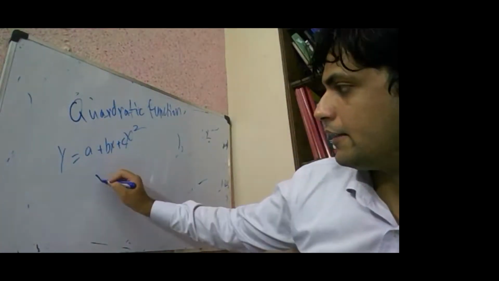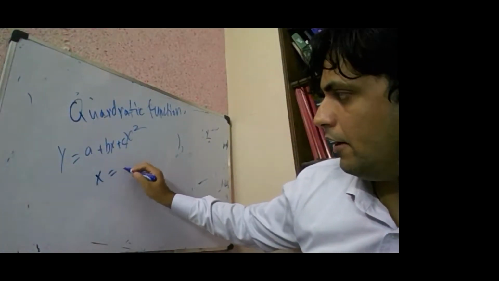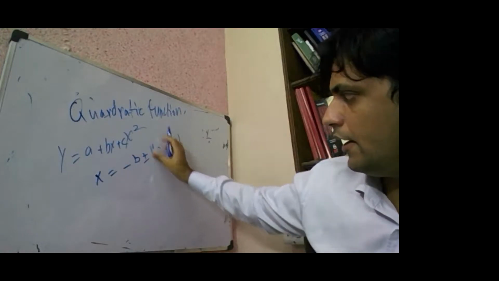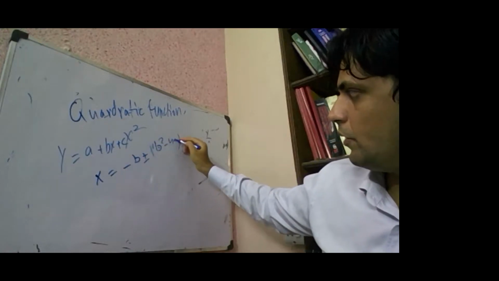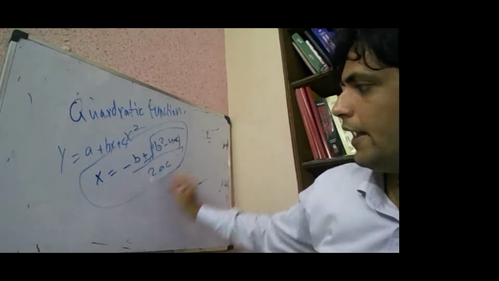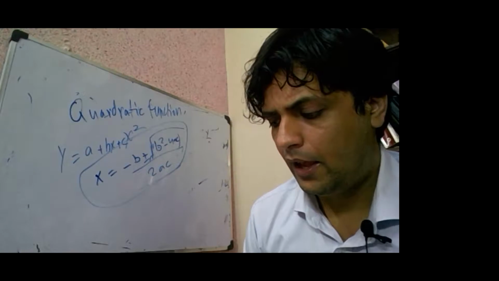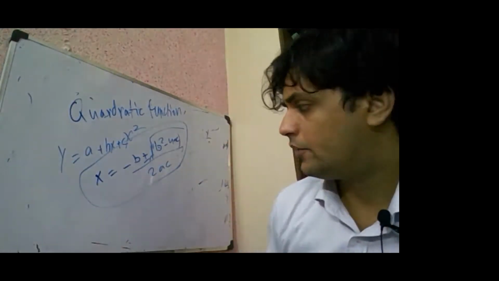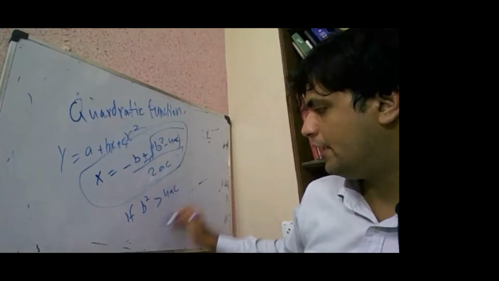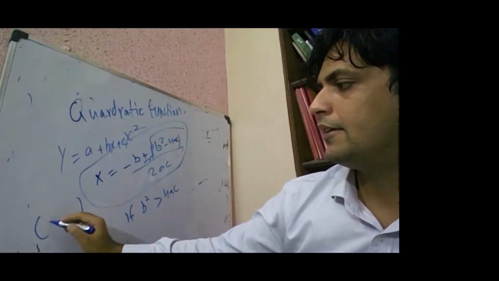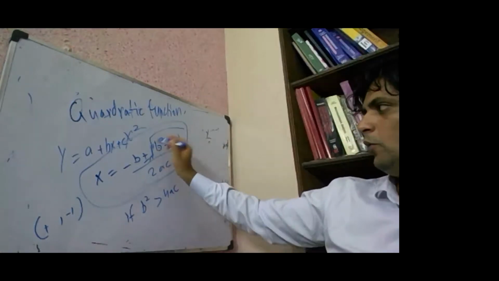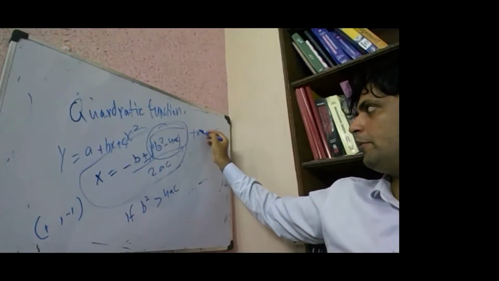Here we can get x in the form of minus b plus minus the square root of b square minus 4ac. So that's how we find x or the intercept here. There's a proof already. But remember, if b square is greater than 4ac, then we can have two roots, one positive and one negative, because then this whole term will be positive.